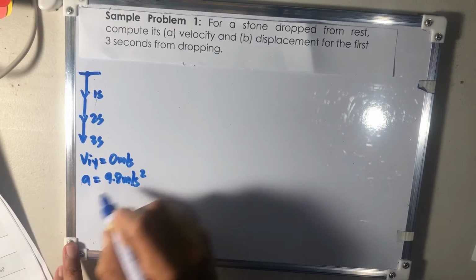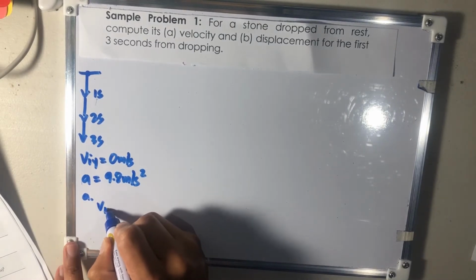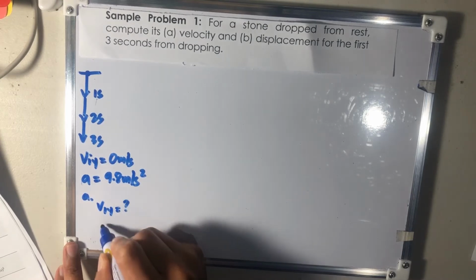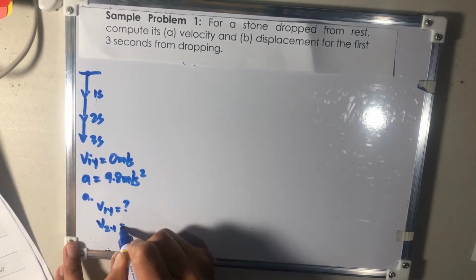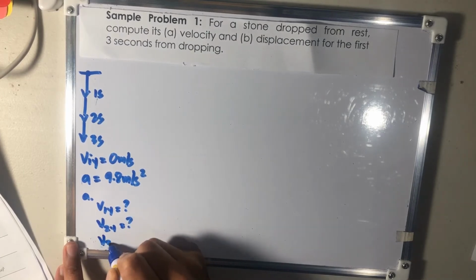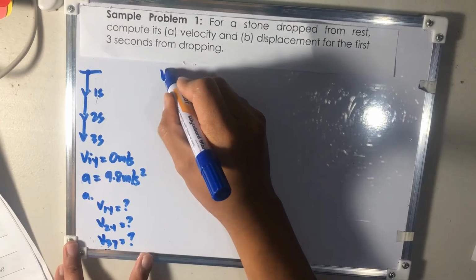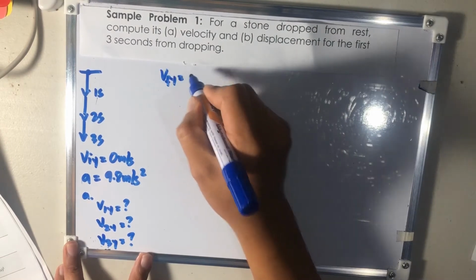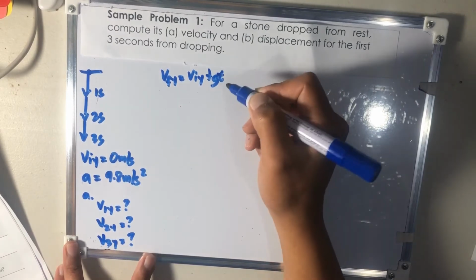For letter A, we will solve for the velocity after 1 second, 2 seconds, then 3 seconds. We will use the formula Vfy is equal to Viy plus Gt.